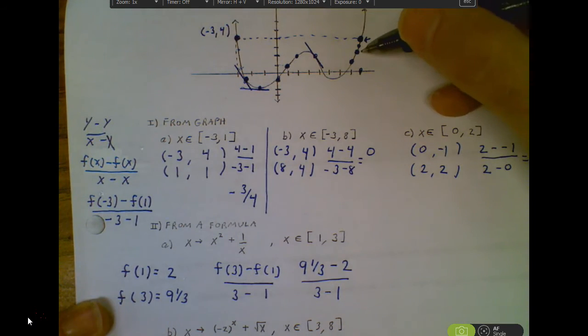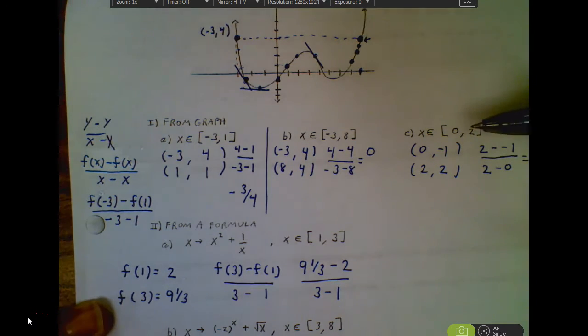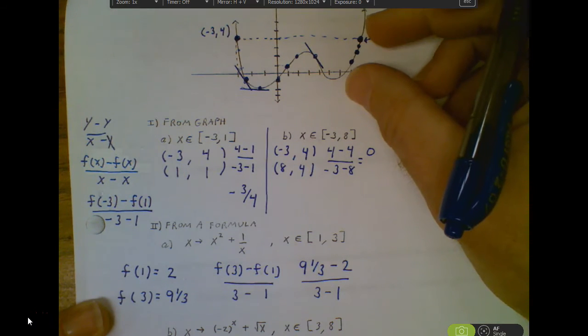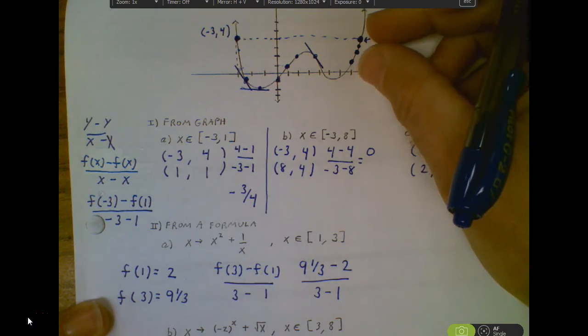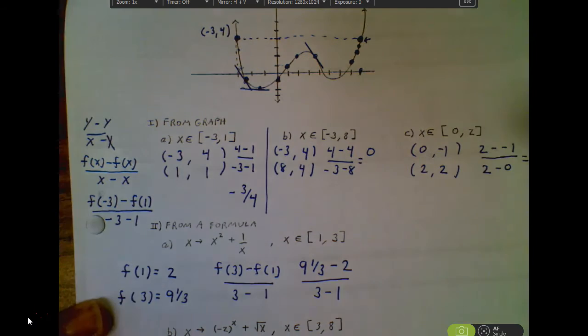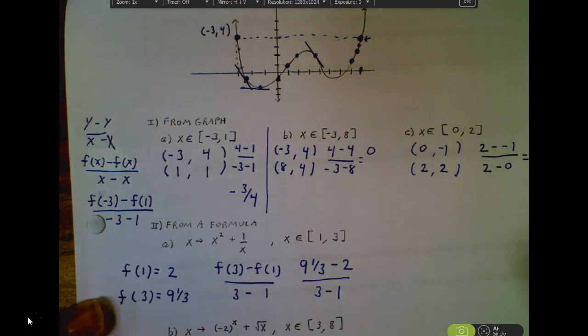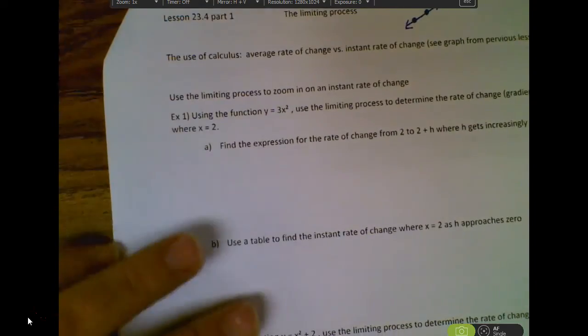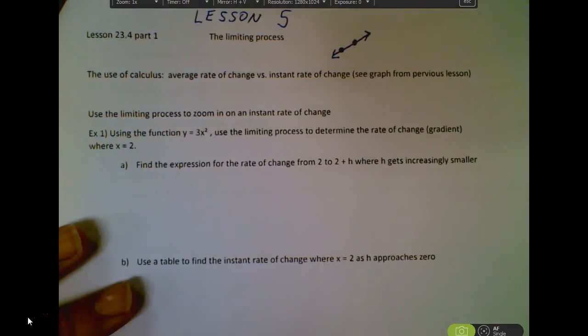So we are going to zoom in on a single point. We have to start with 2 points so we can use the slope formula, but then we use 2 closer points, and 2 closer points, getting closer and closer to our 1 point that we really want. And that's the idea behind all this.